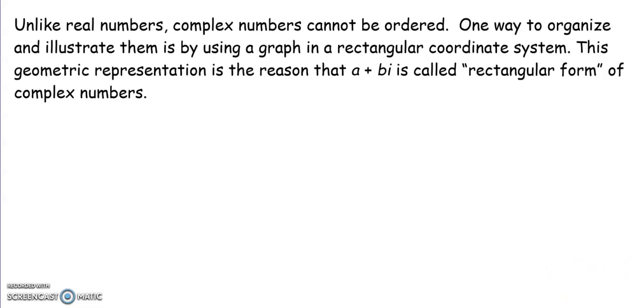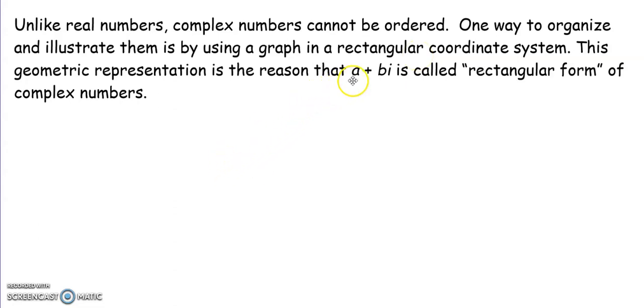So we can't really graph complex numbers on an XY plane, because we can't order our pairs, since I'm not going left and right. So what we're going to do is use a rectangular coordinate system instead of our traditional Cartesian.